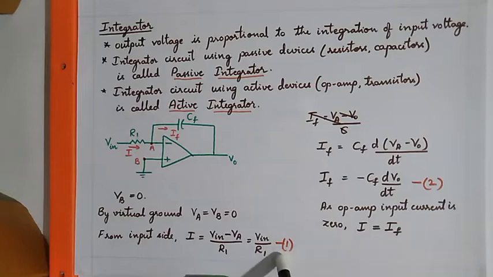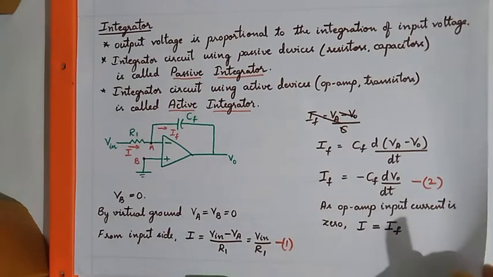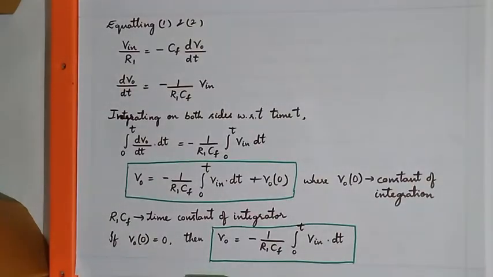Now equating the two current equations, we have Vin by R1 equal to minus CF dV0 by dt. Taking the differential term to the left hand side, we have dV0 by dt equal to minus 1 by R1 CF into Vin.